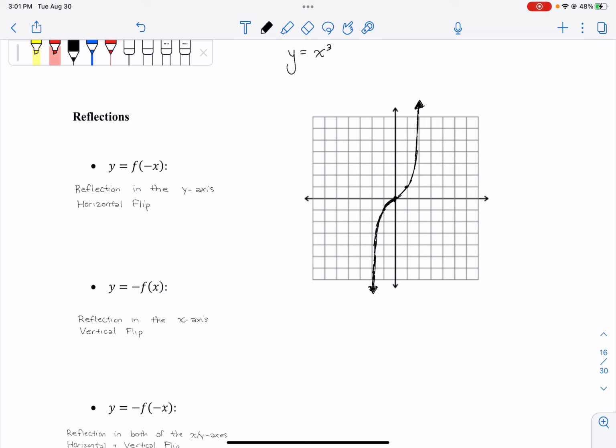If I plugged in negative x into all the x's here, y is equal to negative x cubed. So what happens is that if you reflect along this line, everything changes. Here, here, here, and here. So we get something like this. Oh, and don't forget this.